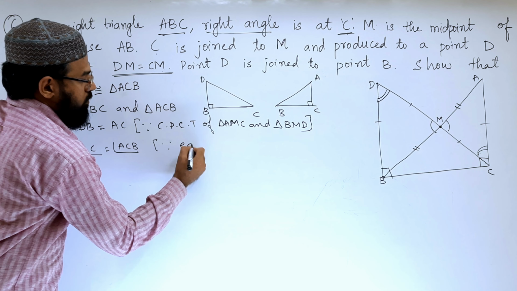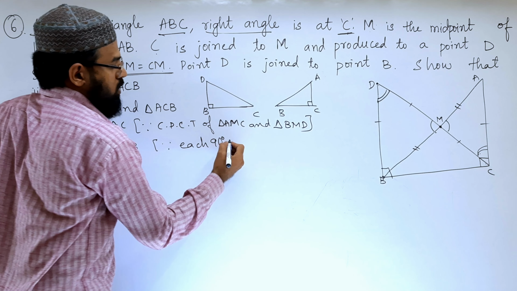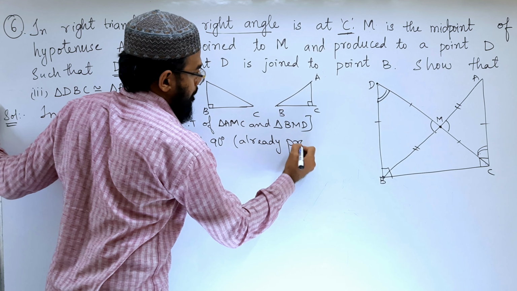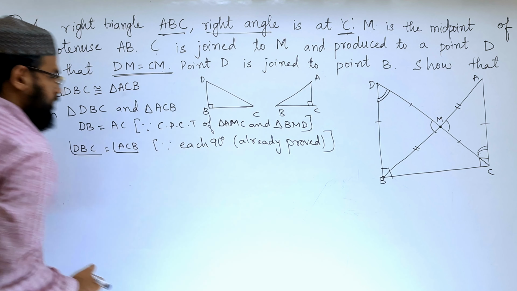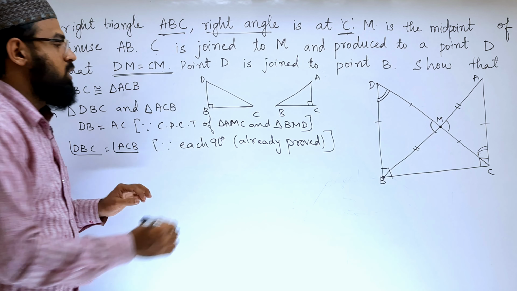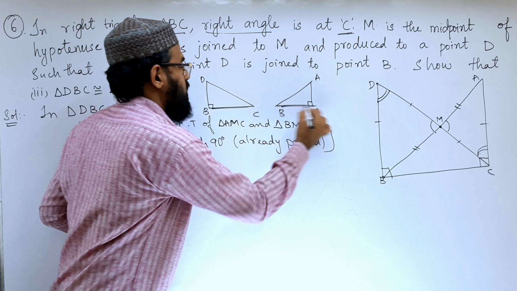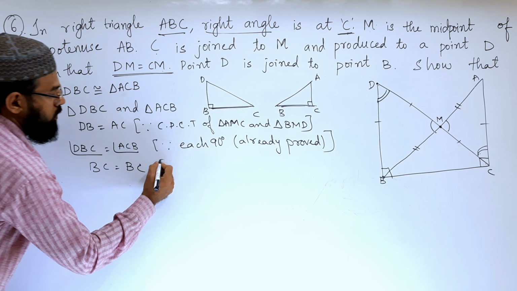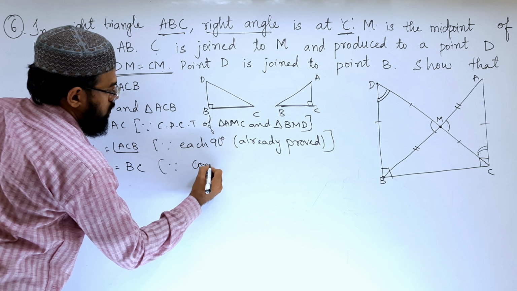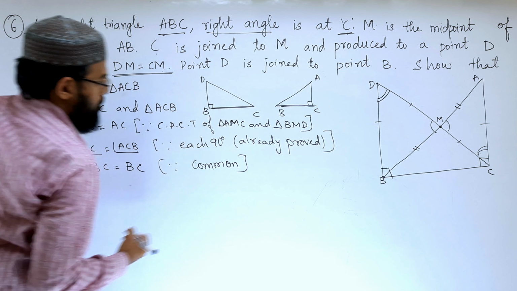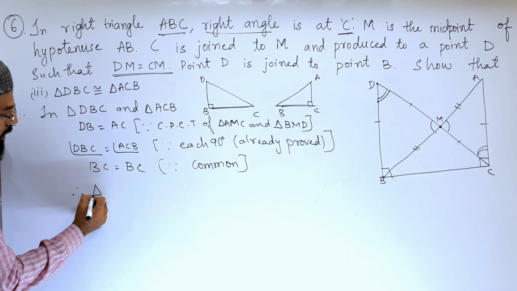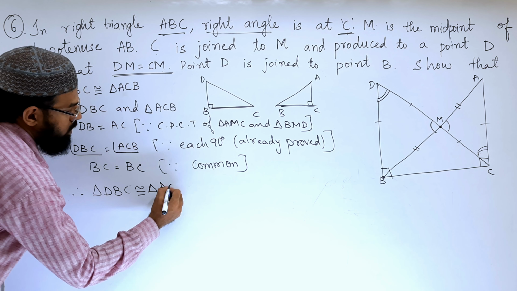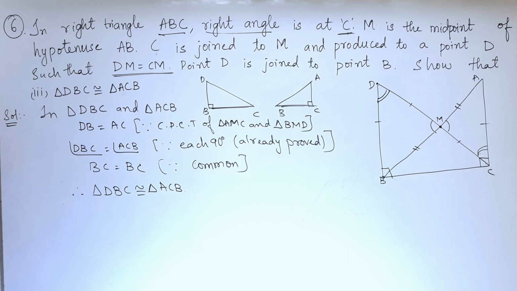Because each is 90 degrees, which we have already proved. Next, the last thing, which is common in these two, is BC. So BC is equal to BC since it is common. Therefore, triangle DBC is congruent to triangle ACB. This is the third bit.